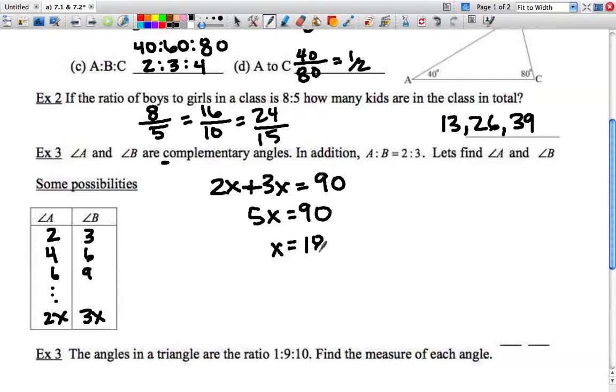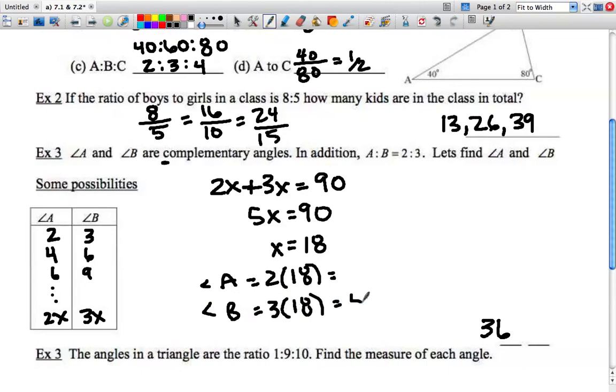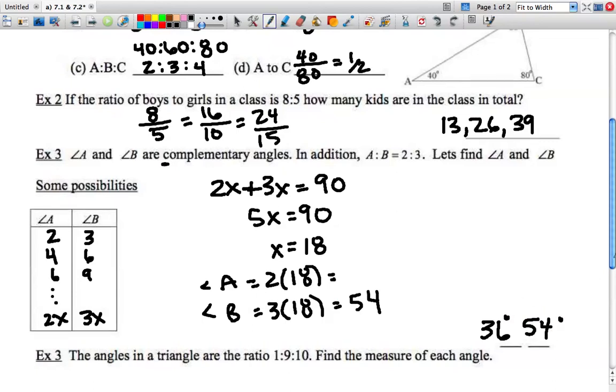But again, the answer is to find the measure of angle A and B. So angle A would be 2 times 18, which is 36. And angle B would be 3 times 18, which is 54 degrees. Good.